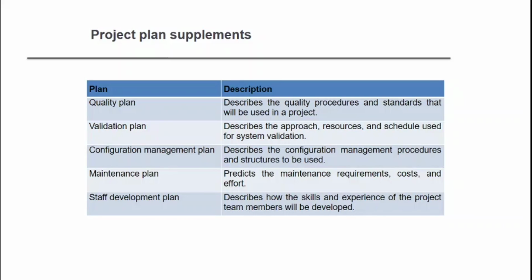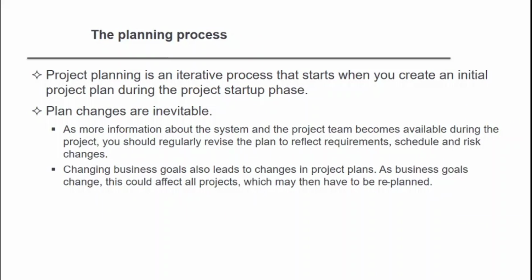And next we'll see the planning process. In the planning process, project planning is an iterative process that starts when you create an initial project plan during the project startup phase. Plan changes are inevitable as more information about the system and the project team becomes available during the project.